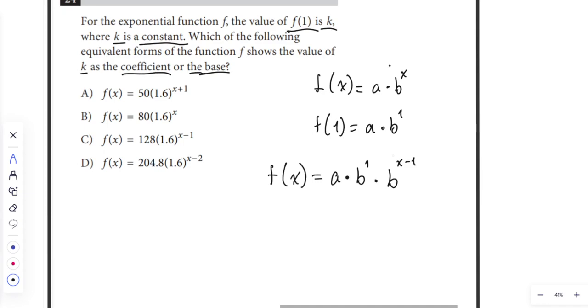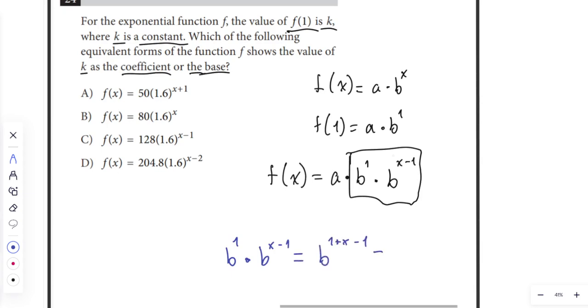Because notice, b to the x and b times b to the x minus 1, that's going to be the same thing. Using our exponent rules, if we multiply these two bases together, the same base, we can add the exponents together.